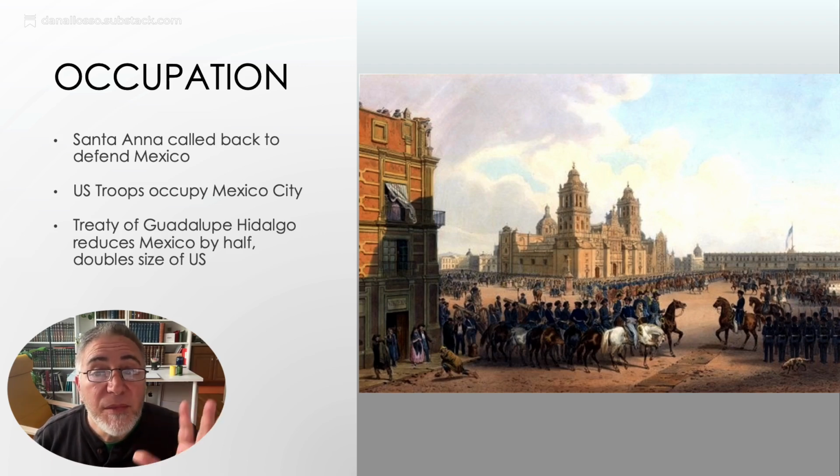In this treaty, Mexico lost half of its national territory, and the U.S. acquired a region that became the states of New Mexico, Arizona, Nevada, California, Utah, Colorado, and parts of Wyoming, Kansas, and Oklahoma.